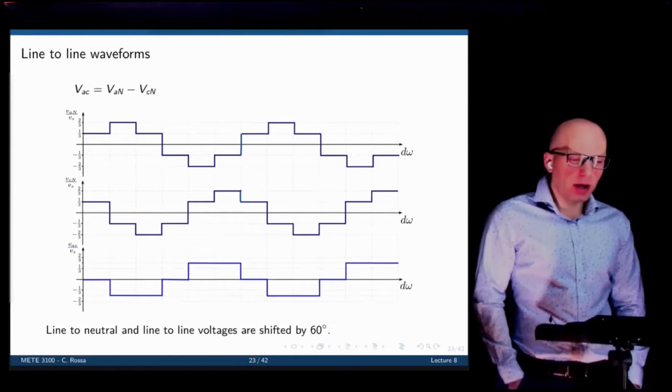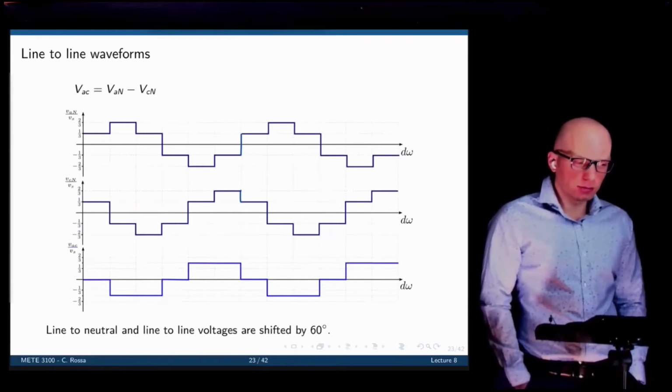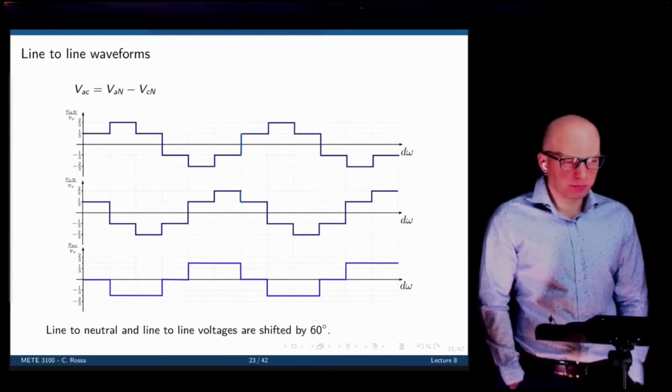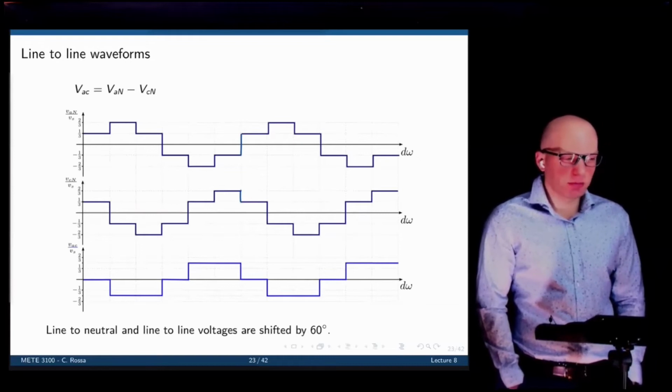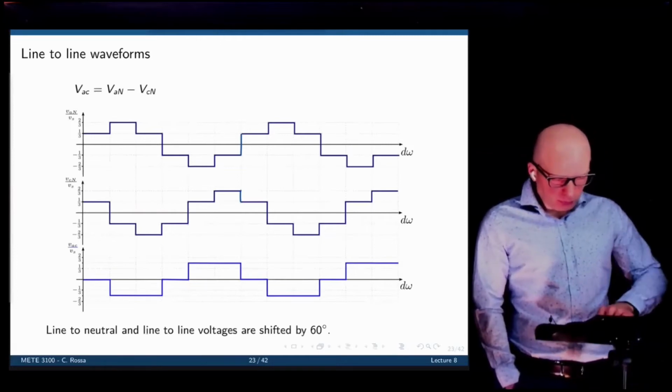If you now compare the phase shift between different line to line voltages, they are shifted by 120 degrees, as is expected in a three-phase transformer or three-phase inverter. Okay, thank you.